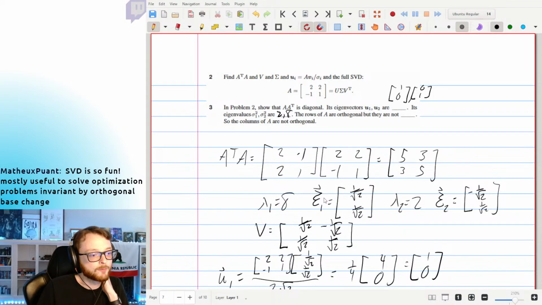So solve optimization problems and variant by orthogonal base change. Yeah, it seems like I haven't learned any of its applications yet, but it seems like it could be a helpful thing. Were they orthogonal, but they're not. Oh, maybe they're not normal, and that's why the columns aren't orthogonal. Okay, I assume that's it.